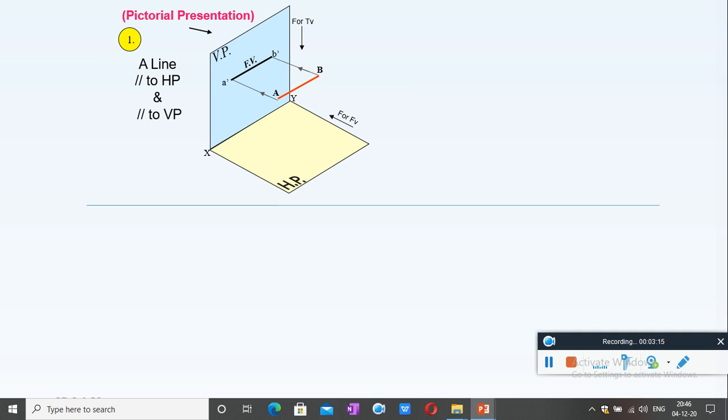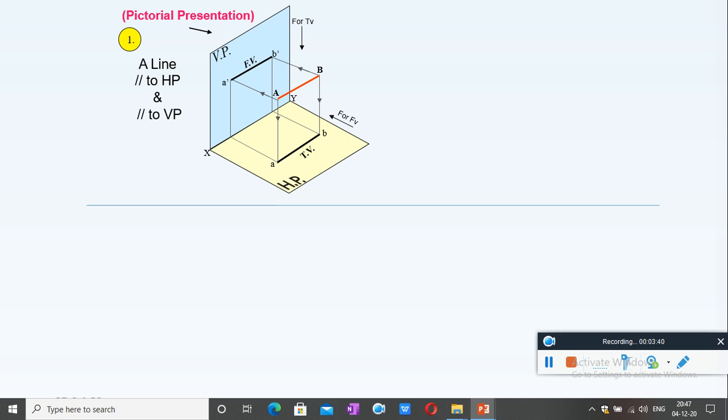Similarly, in the top view it is projected from top and we get the line AB, marked with small letters a b. Top view it is marked as ab, in the front view it is marked as a dash b dash. This is the projection method.